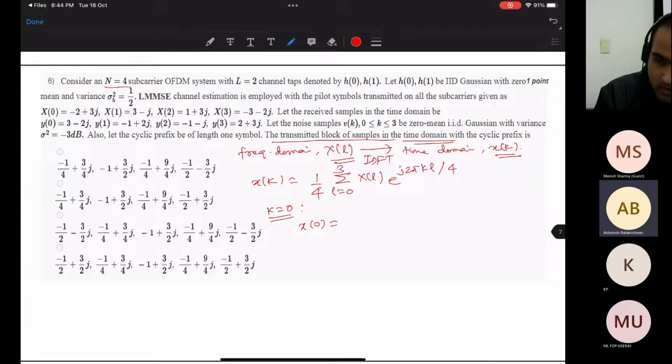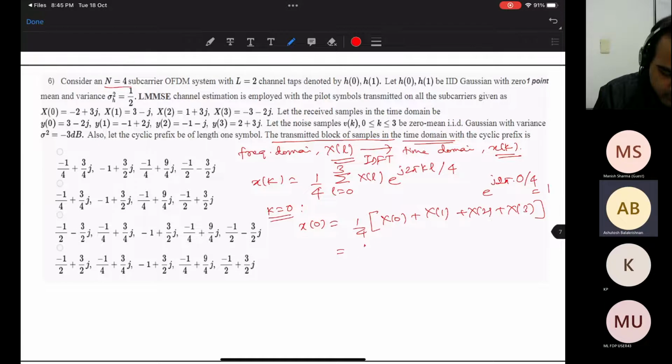So x of 0, this will be 1 by 4, and this will be a straight addition of all the frequency domain symbols. Okay, so why? Because k is 0, so the exponential term e to the power j 2 pi times something over 4 is 1, for all the cases. So this is X0 plus X1 plus X2 plus X3.